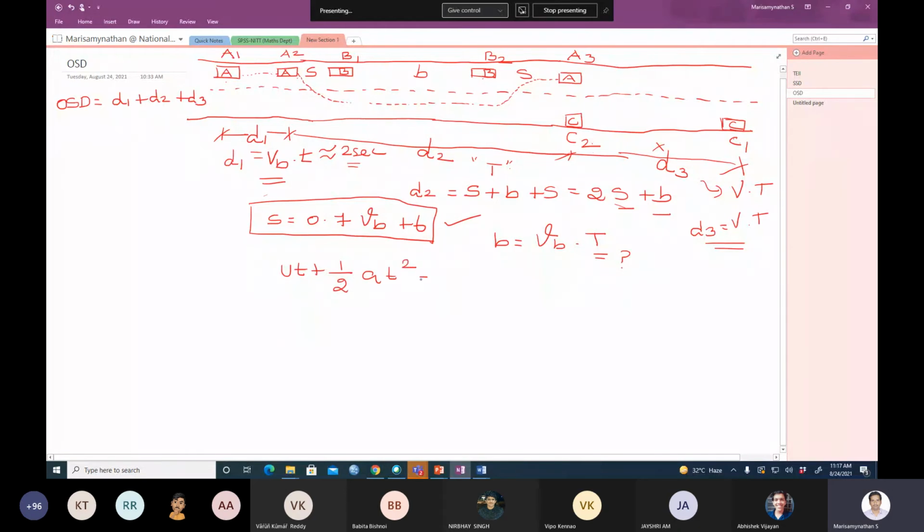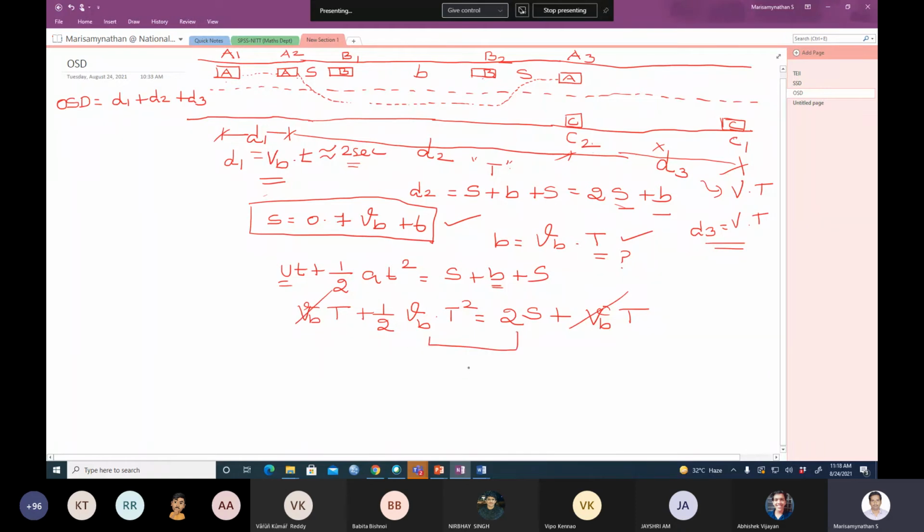You might be familiar with this. We equate it with respect to S plus B plus S. Here the U is the speed of vehicle B we are considering. So in the total travel time, plus half into A into T squared is equal to 2S plus B, where B is VB into T. VB into T gets cancelled.